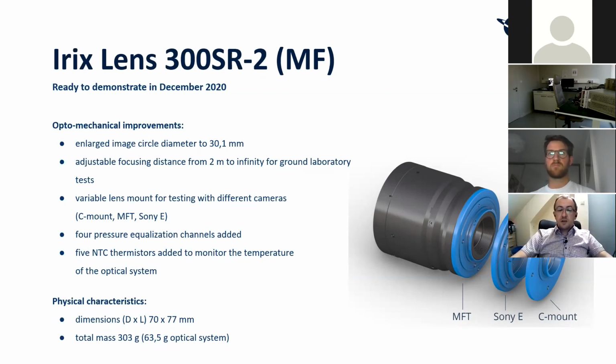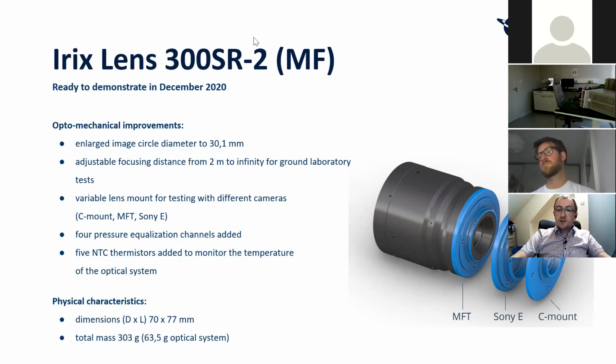In the first version of IRIX 300, it wasn't airtight, it wasn't hermetic in design, but we think that adding some kind of pressure equalization channels will help the lens to put out the internal pressure, to equalize it with the vacuum in space, which may cause some kind of distortion of the main lens.